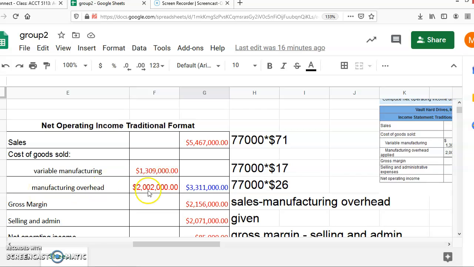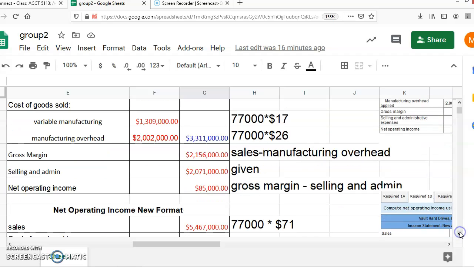Manufacturing overhead was determined by multiplying 77,000 units by $26, thus giving us our gross margin, coming up with sales minus manufacturing costs. Selling and administration was given. Then we come to net operating income. We got to this by gross margin minus selling and administration.